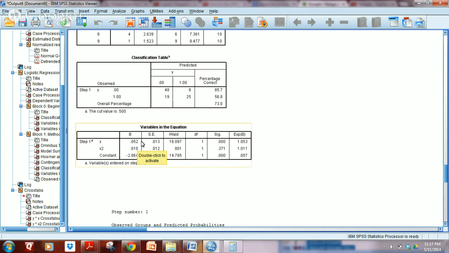In this case, 1, since it's dichotomous, it's just 0 and 1. With our exponentiated B, the odds of our dependent variable being 1 are 1.053 times more likely than the odds of our dependent variable being 0, and that's controlling for x2.